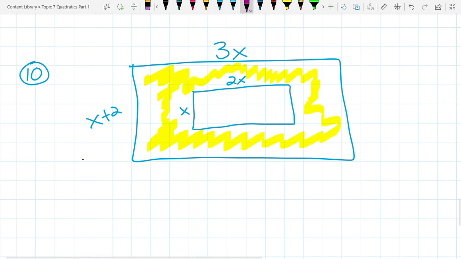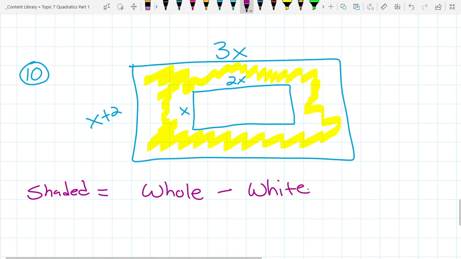The question says, what's the area of the shaded region? So these are like those old 5th grade geometry questions where you would figure out the area of the whole thing, and then you subtract the part that you took out. So it's the whole minus the white area, because we don't want that. We only want what was left over, the shaded.